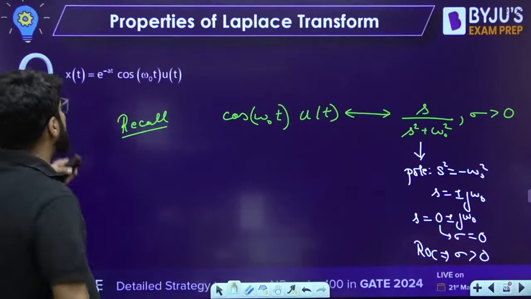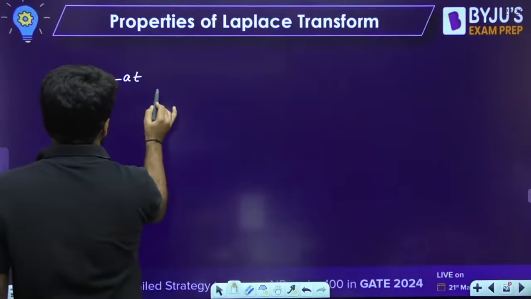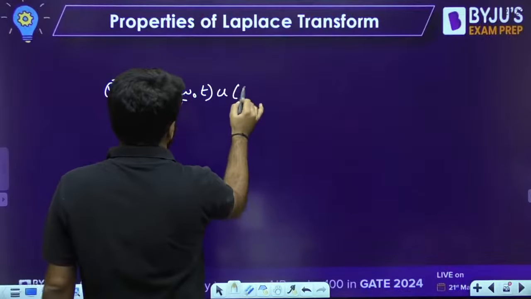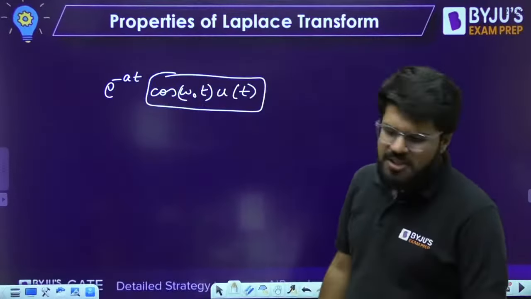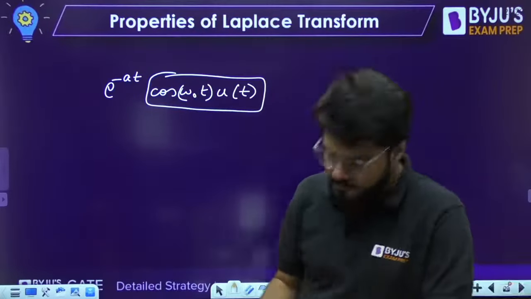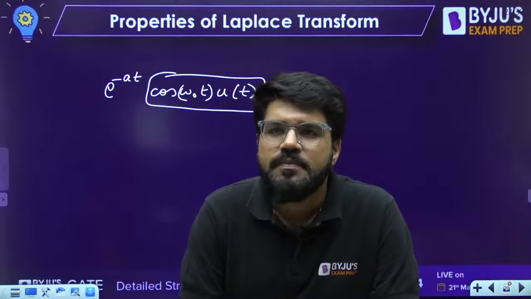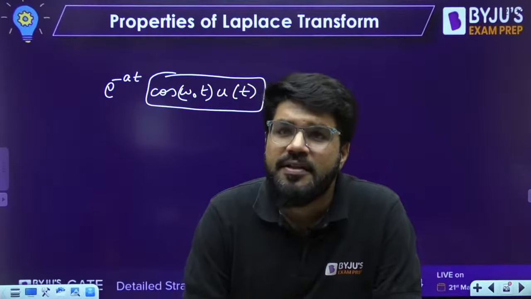Now we want to find it for e power minus at cos omega naught t u(t). This part's Laplace transform is known, and to this part I multiply an exponential signal. When we multiply an exponential signal, there will be shifting in the S domain.